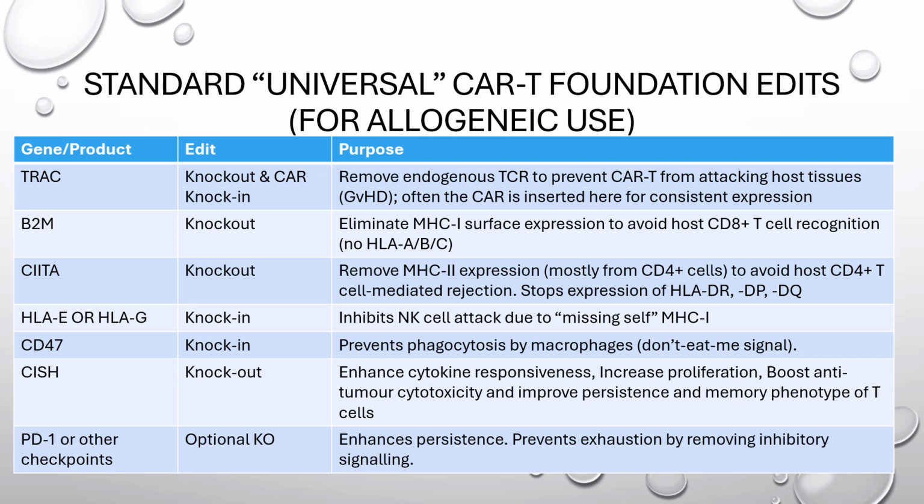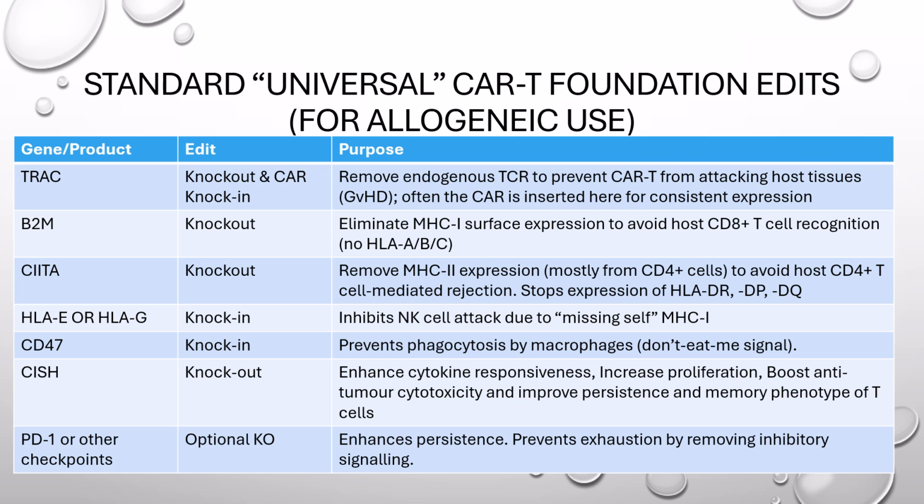You don't want your host to attack this. So this particular gene, when you knock it out, it stops the expression of HLA-DR, DP, and DQ. So these are the major histocompatibility class 2 subtypes.